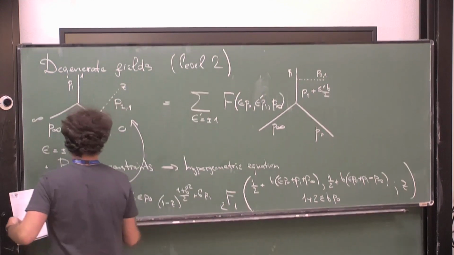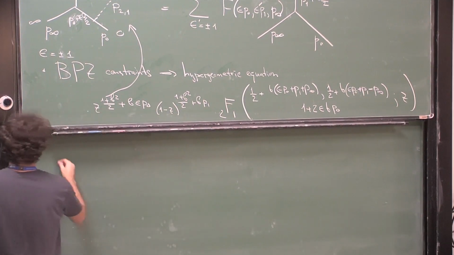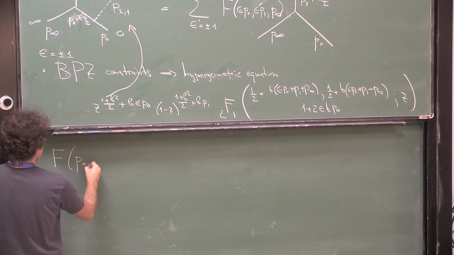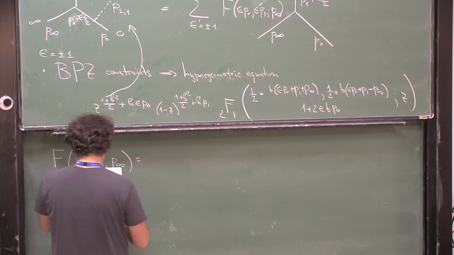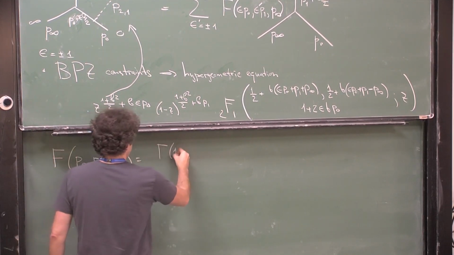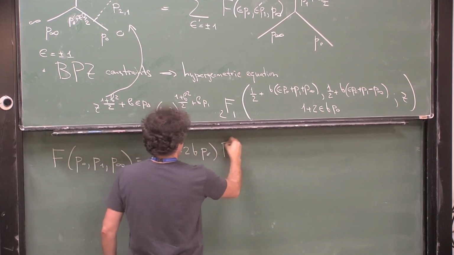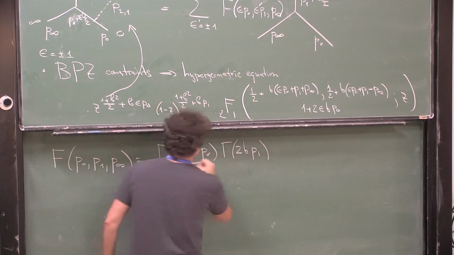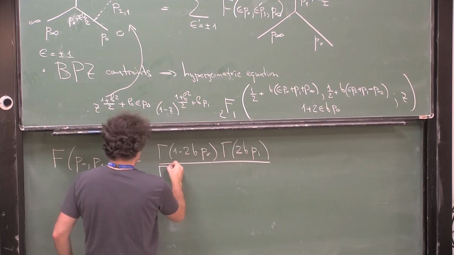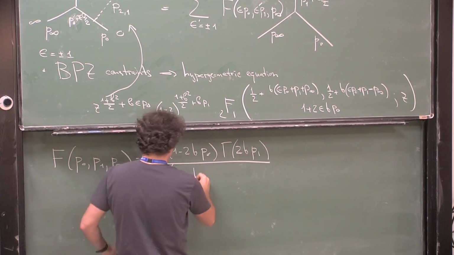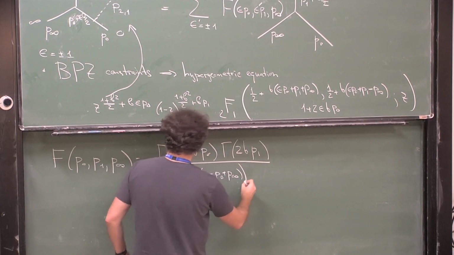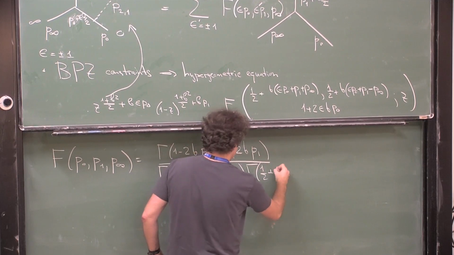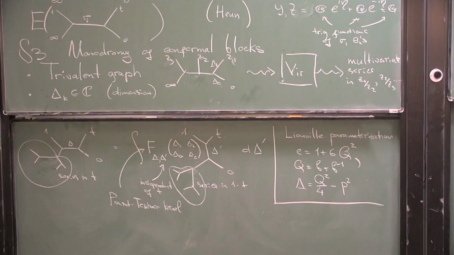So where can I write it? So F of P0, P1, P infinity is equal to gamma of 1 minus 2b P0, gamma of 2b P1, divided by a product of two other gamma functions, gamma of 1/2 plus b times P1 minus P0 plus P infinity, and gamma of 1/2 plus b times P1 minus P0 minus P infinity.